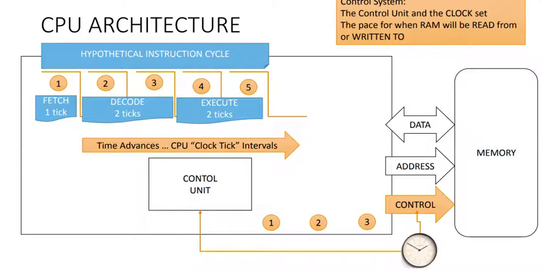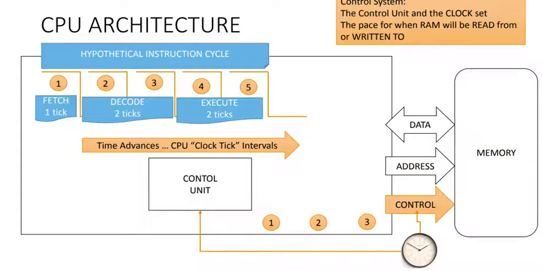As discussed in the previous video, we're going to be working with a hypothetical instruction cycle. The actual clock ticks will be different depending on how the CPU has been designed or thought out. It depends on many things.